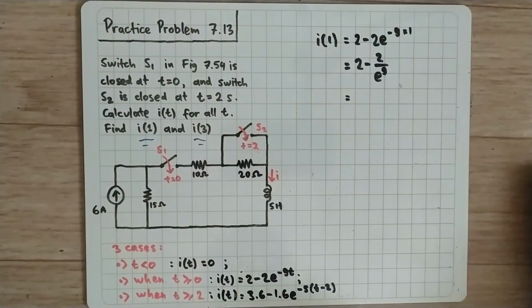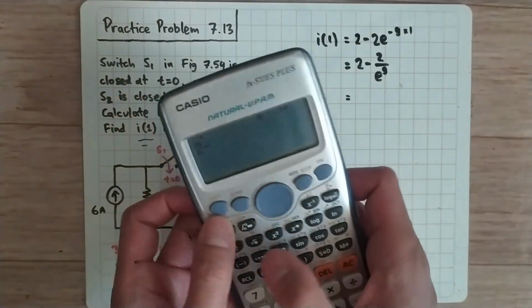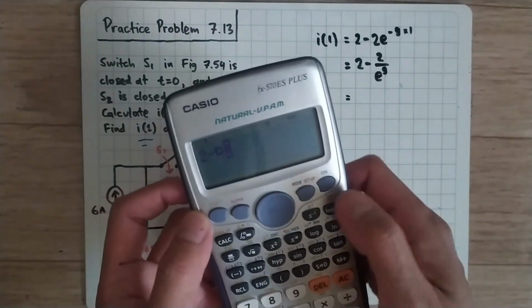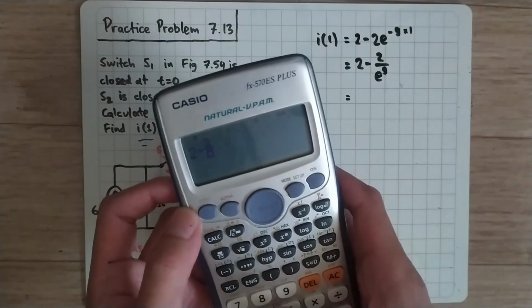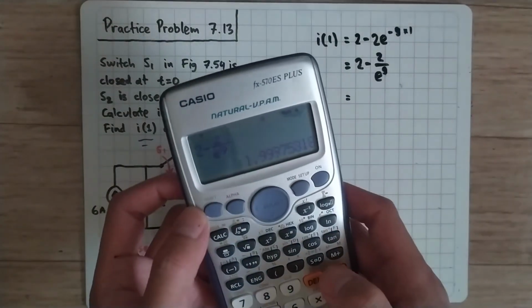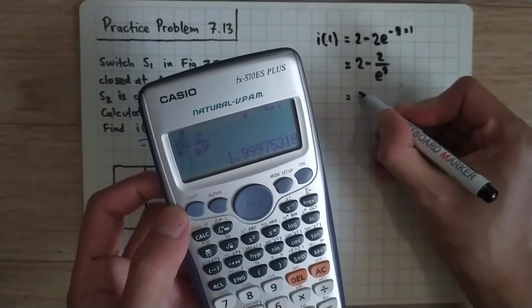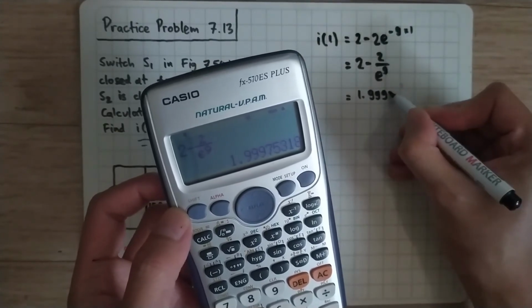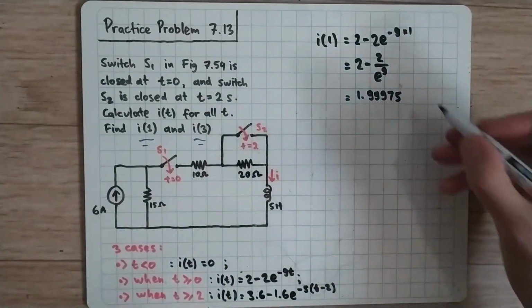And let's give that to calculator. 2 minus 2 divided by e to the 9. Okay, so I will have 1.99975 ampere here.